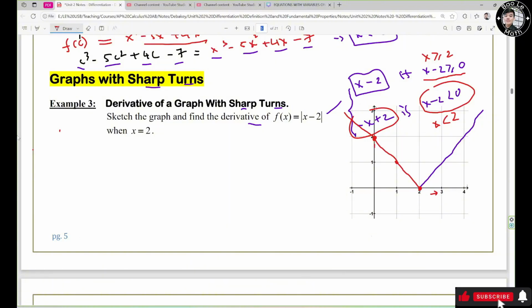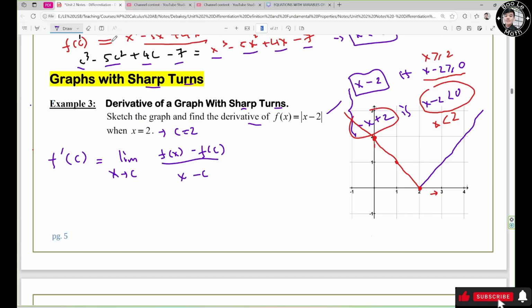Now we need to calculate the derivative of f of s when s equal to 2, right? Now s equal to means c equal to, right? Limit when s approaches c of f of s minus f of c over s minus c, right?